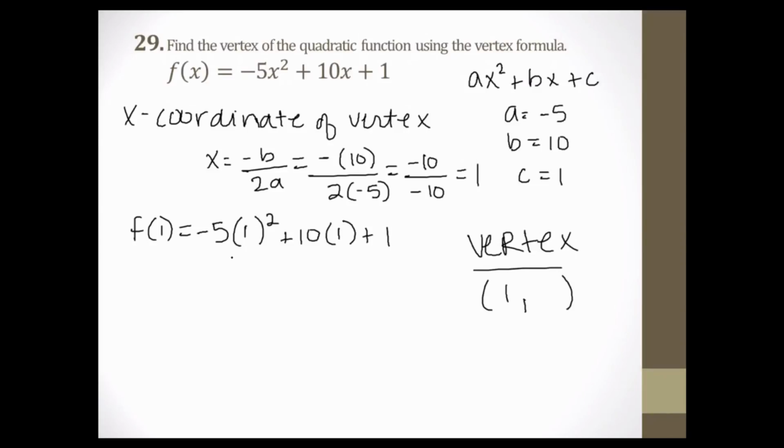Following order of operations, we're going to do exponents first. So that's negative 5 times 1 plus 10 times 1 is 10, plus 1. So that's negative 5 plus 10 plus 1. Negative 5 plus 10 is 5, plus 1 equals 6. So the vertex would be 1, comma, 6.